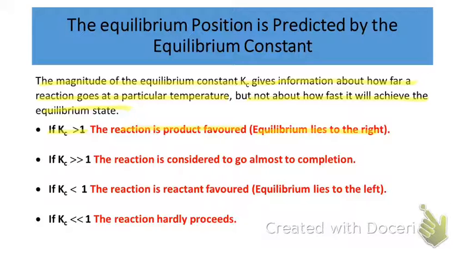However, if the Kc value is much, much greater than 1, we're talking on order of magnitudes of times 10 to the 4th, 5th, 6th, or higher, then we almost will say that the reaction goes to completion. In this case, there's not really much or any reversibility that's occurring here. So we're simply saying that all of the original amount of reactant is converted to product.